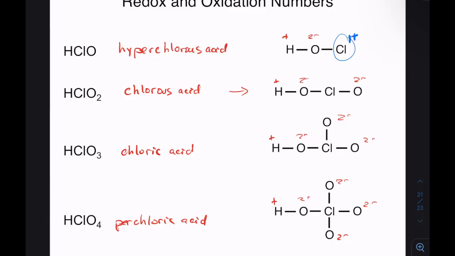What is it on chlorous acid? 3+, because it all adds up to 0. And I think you kind of get the trend here, 5+ and 7+. See what's happening? As we're adding more and more oxygens, we're effectively oxidizing that chlorine.